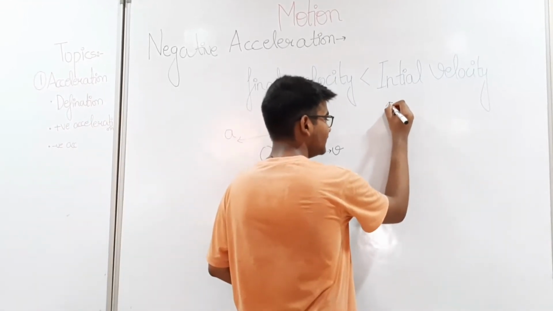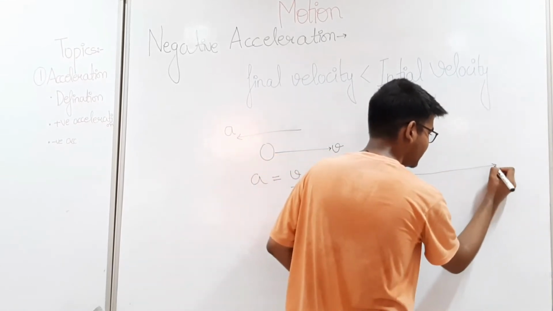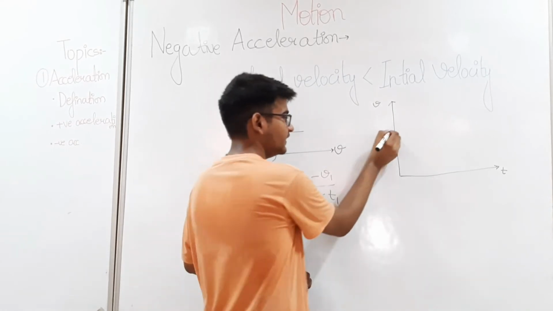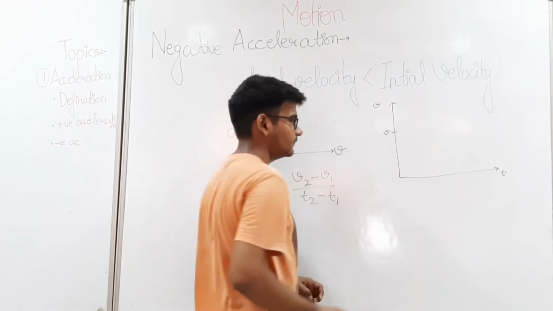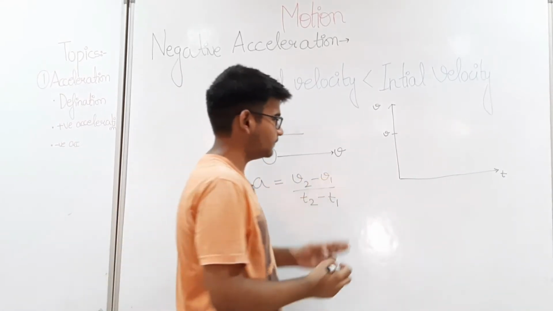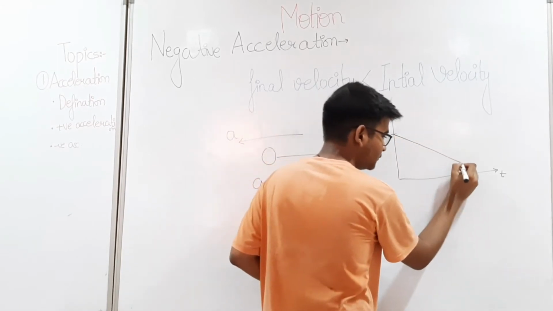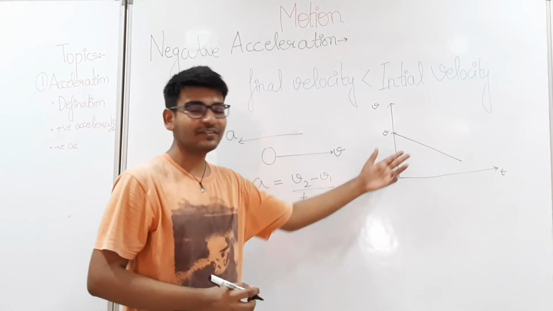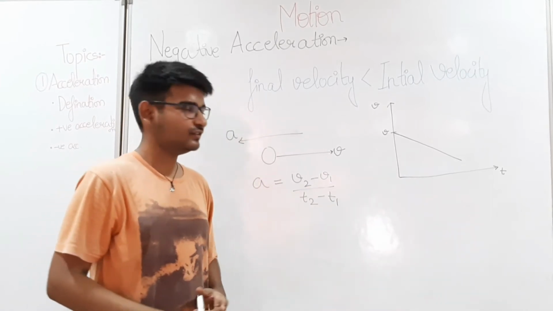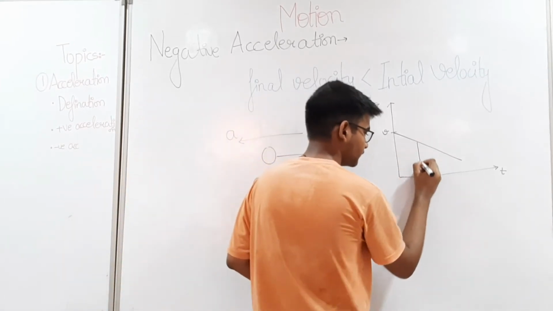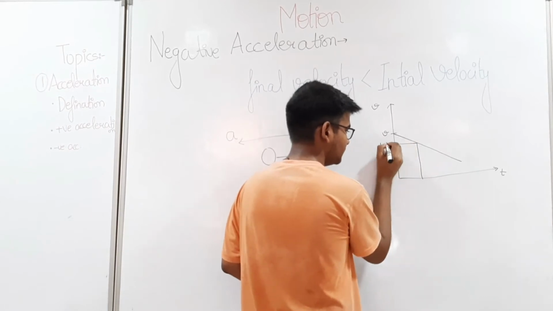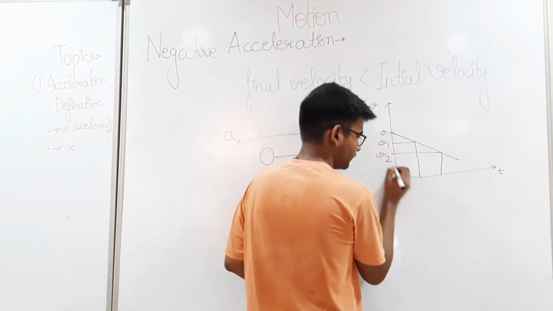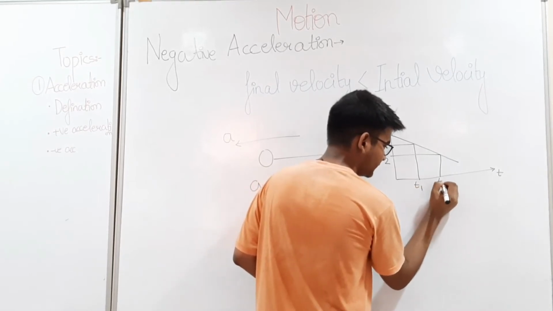When we see the velocity time graph of this object, let this be the initial velocity with which it is starting, and due to the force it will be a straight line with a negative slope. So this is v1, this is v2, t1 and t2.